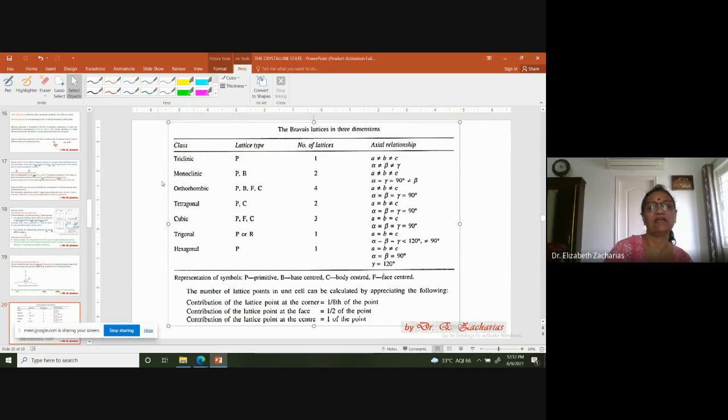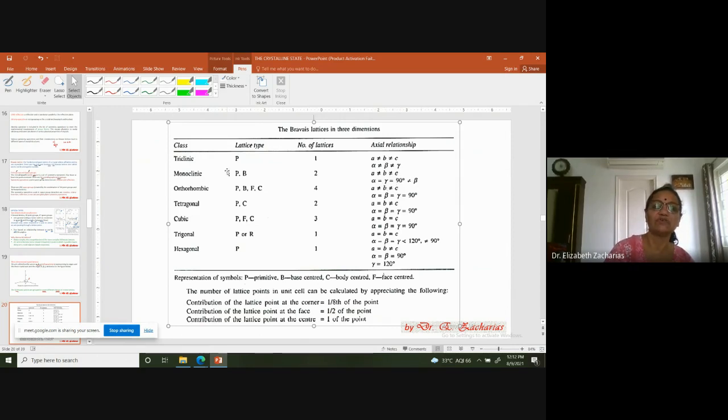And within these classes, triclinic is only primitive, number of lattices is 1, A not equal to B not equal to C, alpha not equal to beta not equal to gamma. Coming to monoclinic, A not equal to B not equal to C, alpha equal to gamma equal to 90, but beta is not equal to 90.